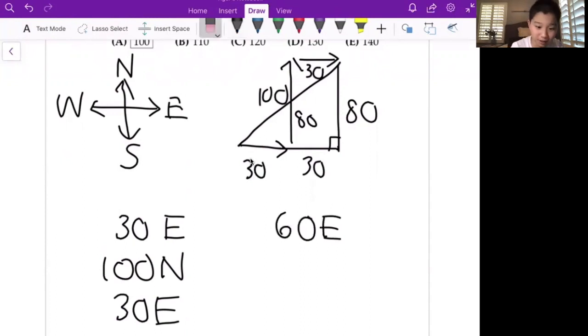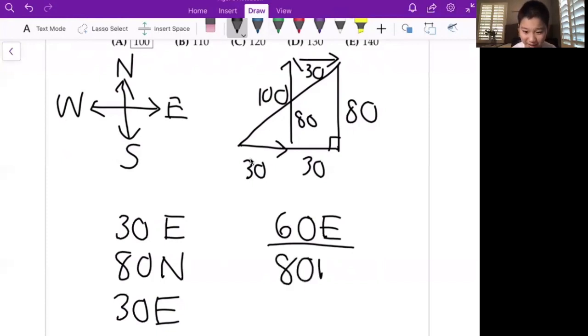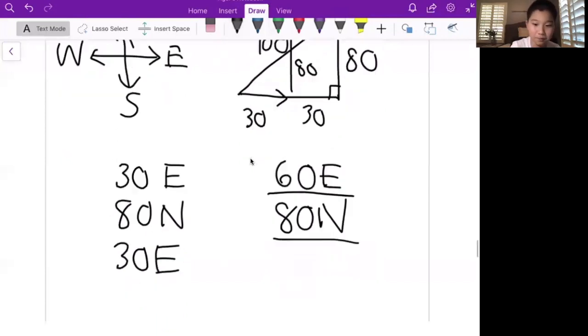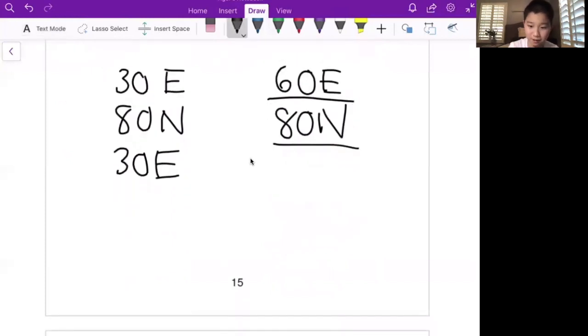No, this is not 100 north, this is 80 north. I was thinking too much of the answer. So the total displacement is 60 east, and then the total northward displacement is 80 north. So that just is an easy calculation of the Pythagorean theorem. 60 east, 80 north.